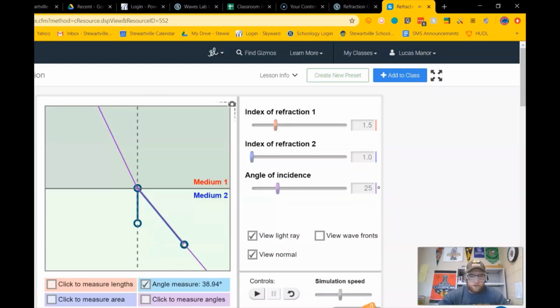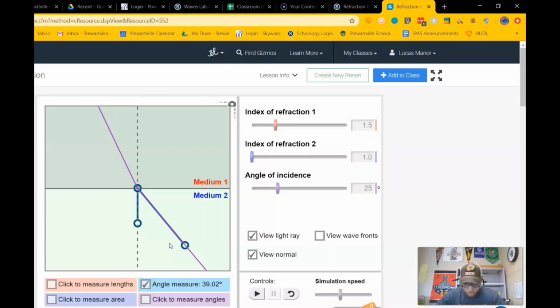Adjust our protractor. Sometimes it can be a little tricky trying to get in the middle. There we go. We end up with an angle measure of 39.02, which we will round down to 39. So our first angle of refraction for number 9 is 39 degrees.